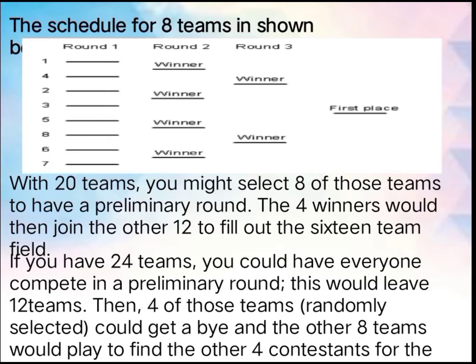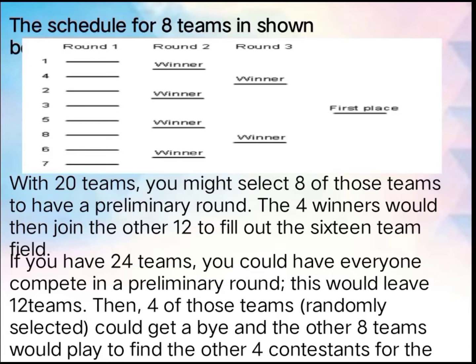With 20 teams, you might select 8 of those teams to have a preliminary round. The 4 winners would then join the other 12 to fill out the 16-team field. If you have 24 teams, you could have everyone compete in a preliminary round.